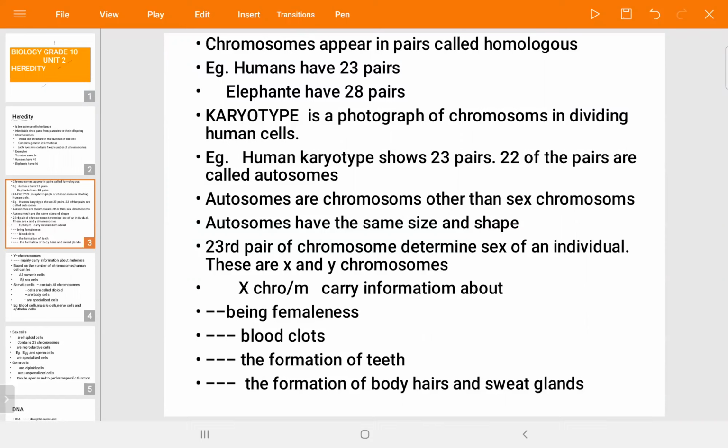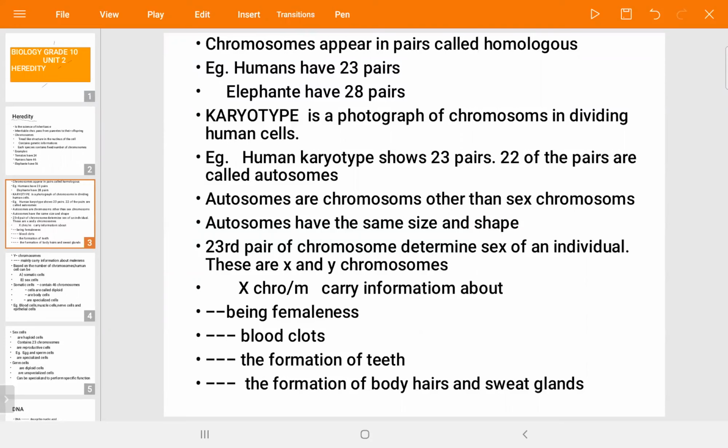They are the same in size and shape. They contain the same genetic material, except sex chromosomes.